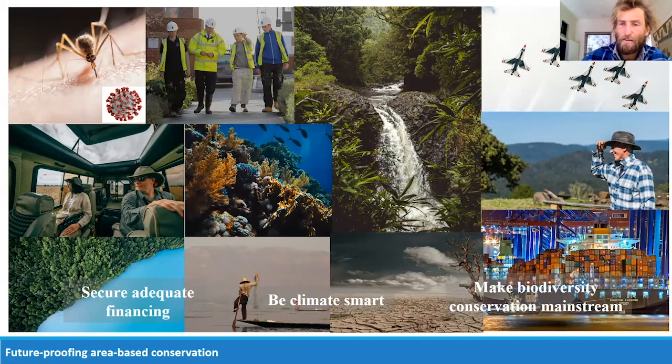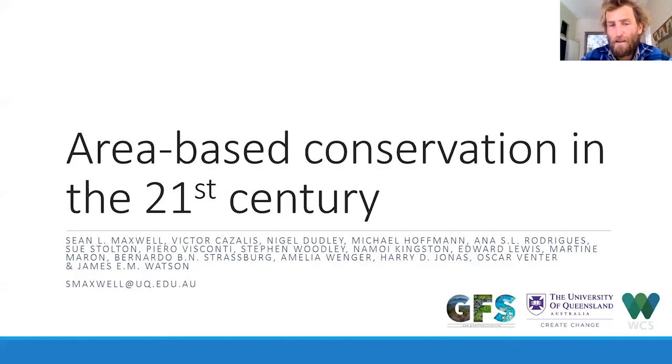What is their biodiversity conservation strategy? That should be at the forefront, and we need to talk about that more readily. It needs to integrate through those sectors in order to remove the burden on protected areas of doing all the work. Okay, I'll stop there. Thanks for your patience, and if there's any time for questions, I'd love to hear them.